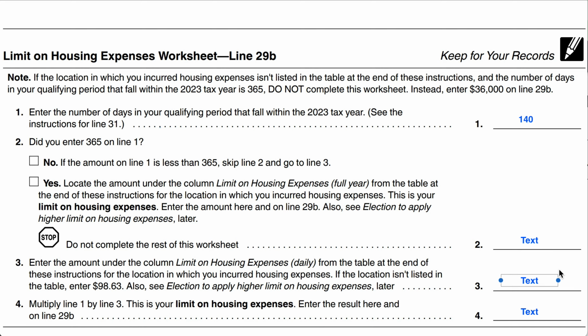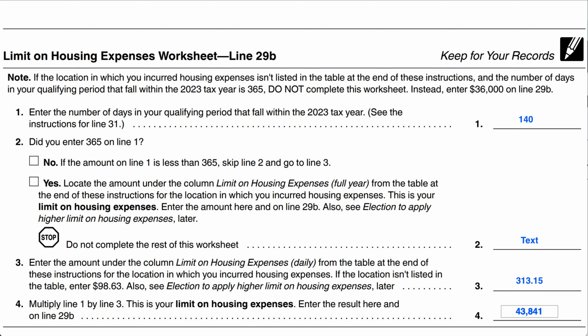You would multiply that by 140, and you would arrive at $43,841. So for Hong Kong bona fide residents, this would be the upper limit that you would put onto your line 29B.